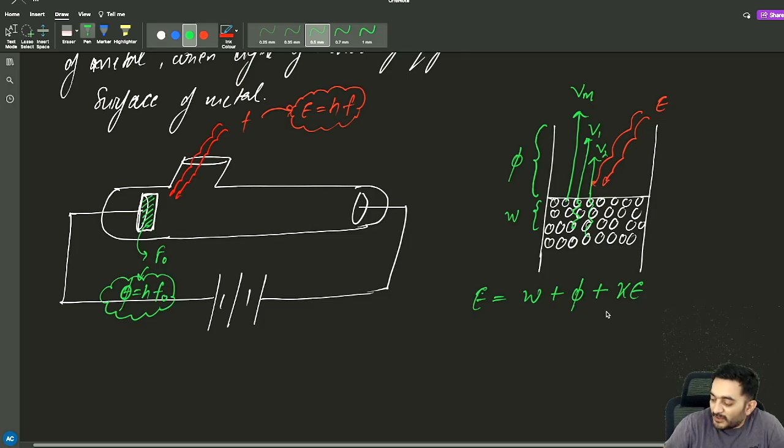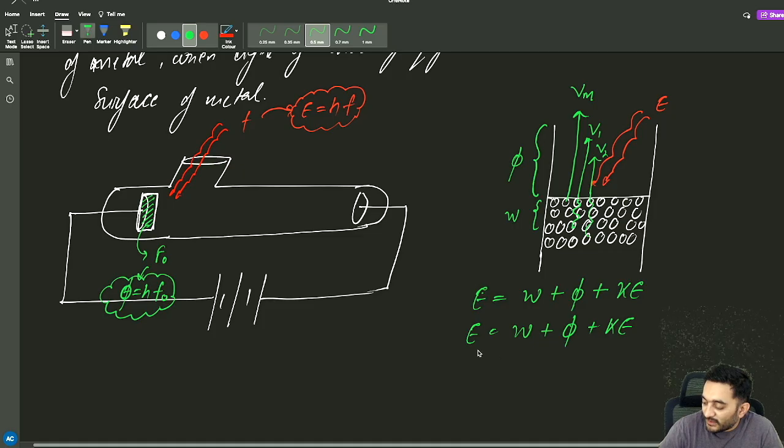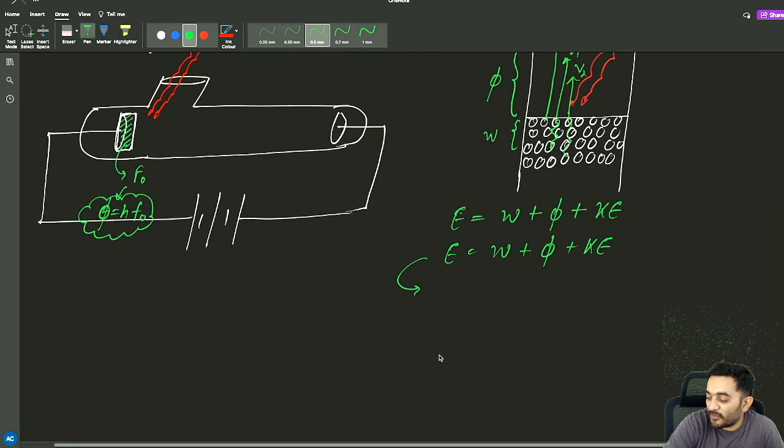By this logic, I can simply say that my value of E will look like W plus phi plus kinetic energy, KE. But remember one thing, if you read this equation in a book, we usually talk about electrons leaving from the surface.